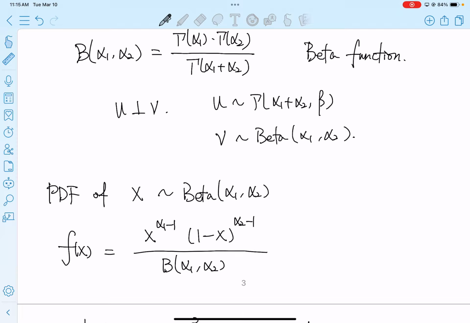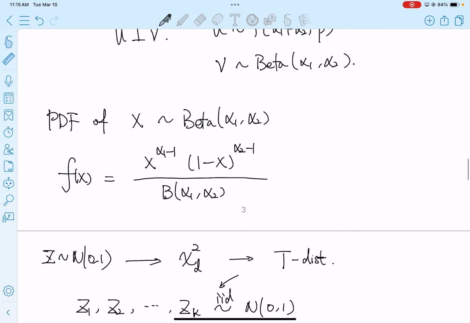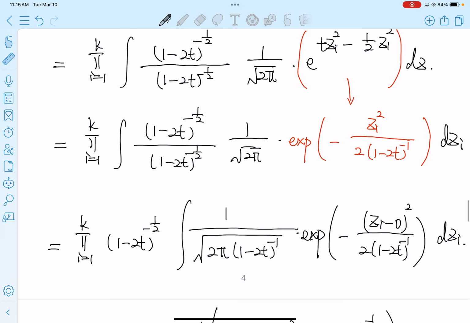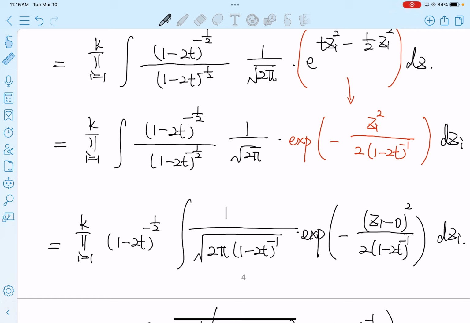You can use these density functions to answer all these questions. But again, all the foundation lies on the probability density function, the moment generating function, and their manipulations. Okay, so maybe I'll pause here, and in the next lecture, I'm going to use the method of transformation to introduce the t distribution through the normal and the chi-square distribution.